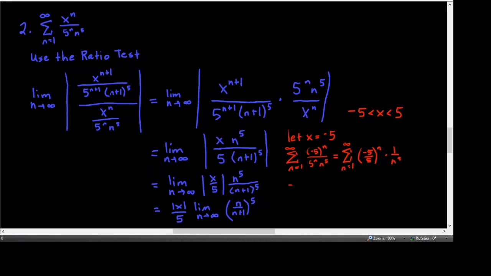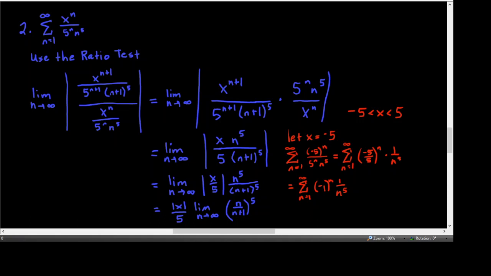And of course, that -5 over 5 simplifies. That's -1 to the nth times 1 over n to the 5th. Oops, I wrote 5 too. Sorry, back up. It's n to the 5th.